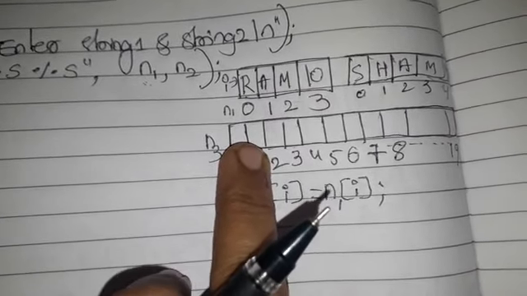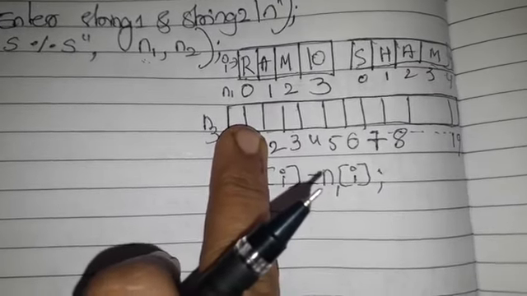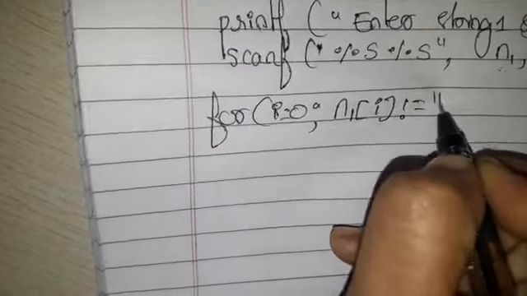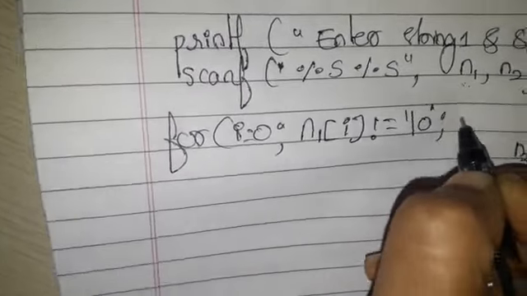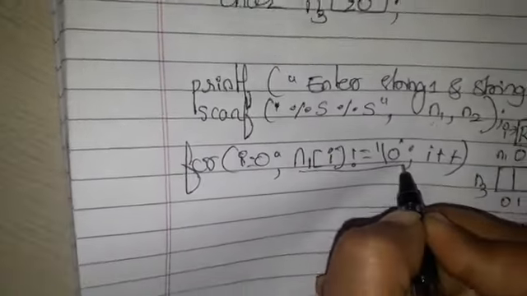So definitely it tells me that I need to go for a loop. So better I will consider a for loop here. I will be taking for I is equal to 0, n1 of I is not equal to null, I plus plus. You may question me, madam, why have you taken this particular condition?